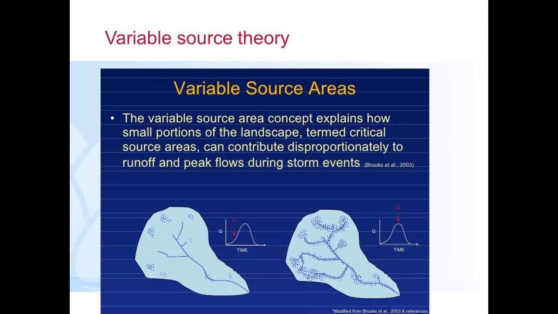Your landscape closer to your natural drainage lines tends to be wetter because of the topography, and they tend to run water more than other areas in your landscape. This is called the variable source concept, which means not all of your landscape contributes to runoff. Some areas contribute more to runoff than other areas.